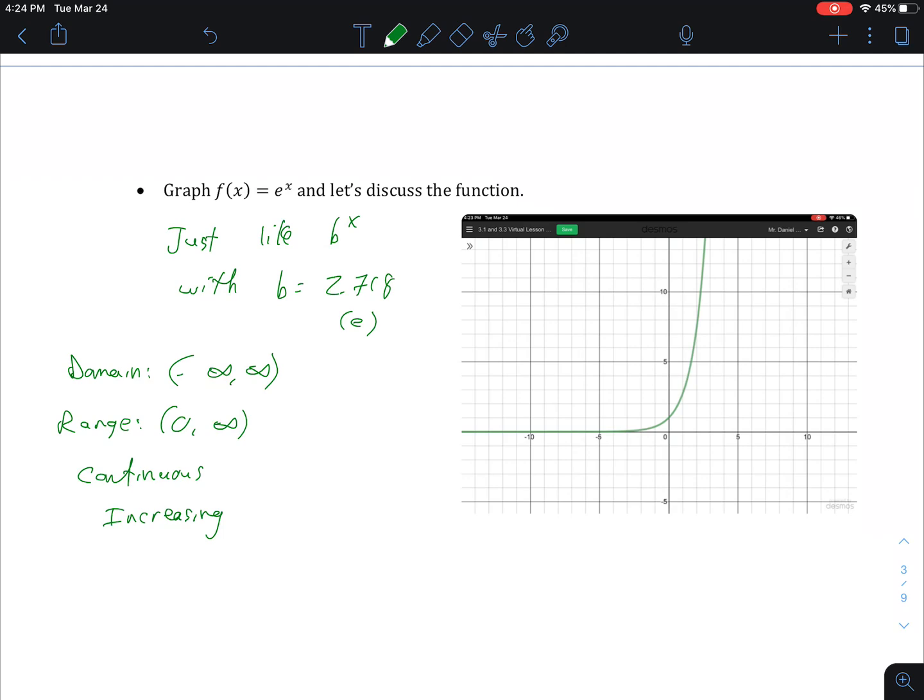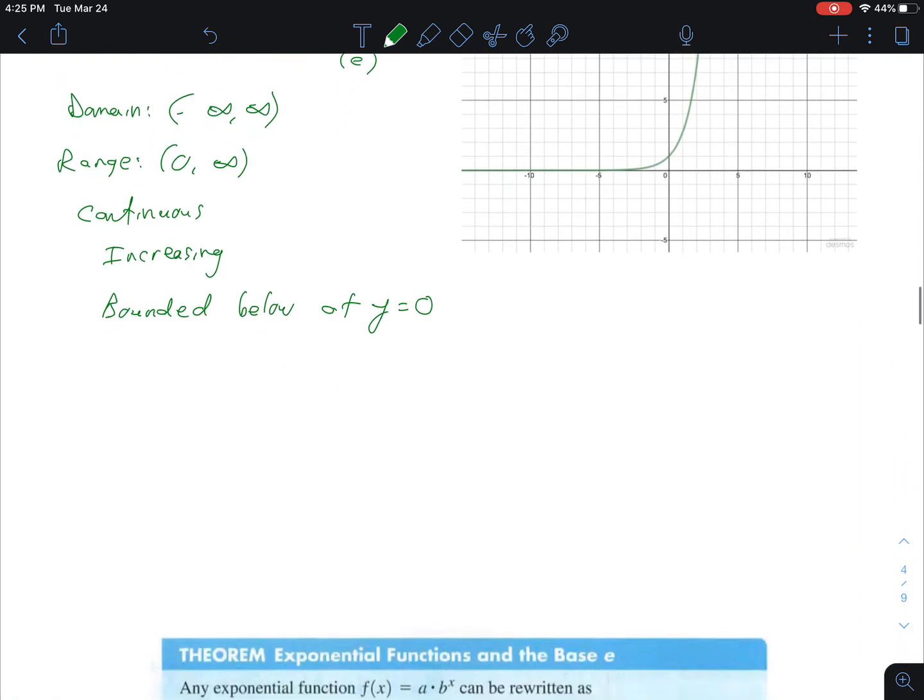It's always increasing as you go left to right. It's not bounded above, but it is bounded below, at y equals 0. It never goes below 0. It's, again, as we talked about at the beginning of the year, related to the range, and that's where my asymptote is. I have a horizontal asymptote at 0.